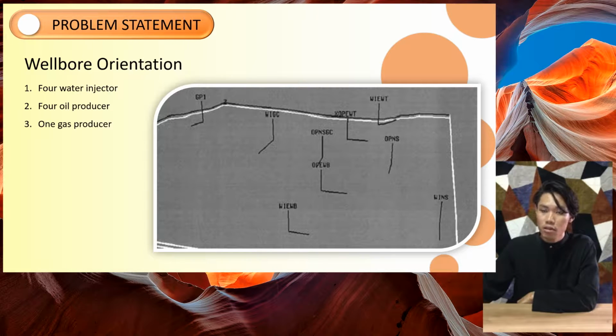Just to extend a little bit of information on this reservoir, if the reservoir happens to have a low productivity index, which means the porosity and permeability are not favorable, a higher number of injectors and producers is needed to support the production of oil and gas.